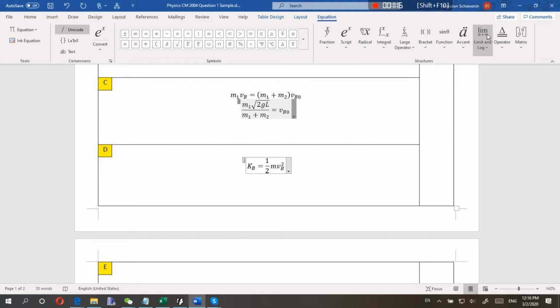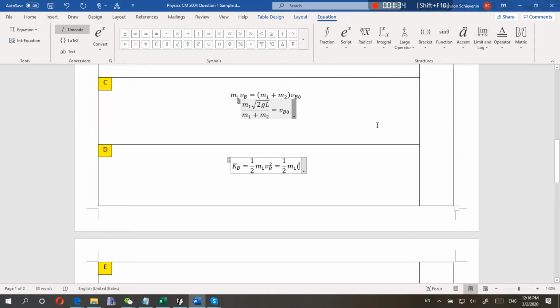And then we'll need to substitute for that VB. I need to subscript that m too. That's m1. Okay, 1/2 m1, and then what was VB again?